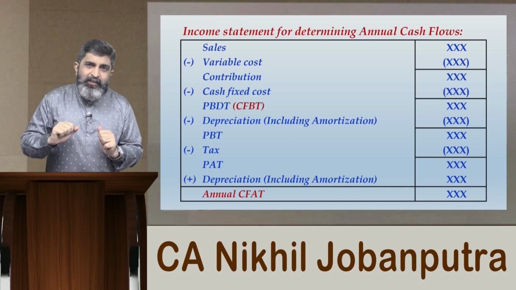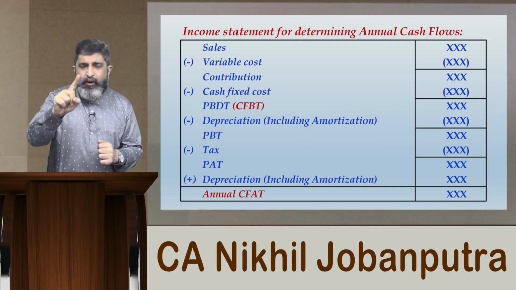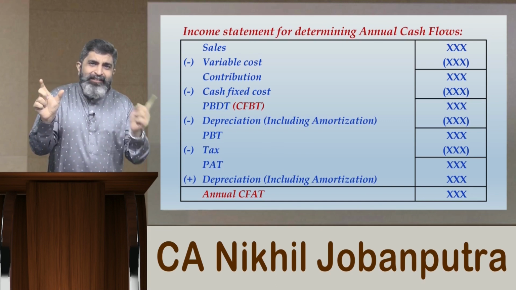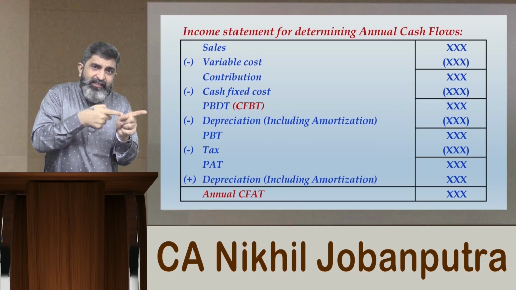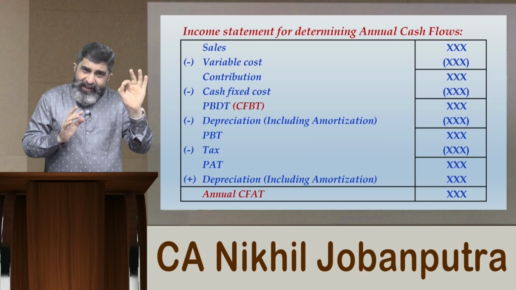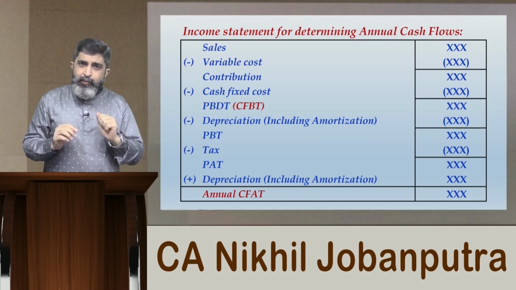But the problem is, from cash flows before tax you cannot directly subtract the amount of tax. Why? Because cash flow before tax is not your taxable profit, because by profit angle it is indicating profit before depreciation and tax. So when I say profit before depreciation and tax, it is not your taxable profit.